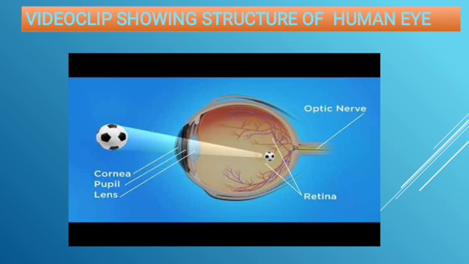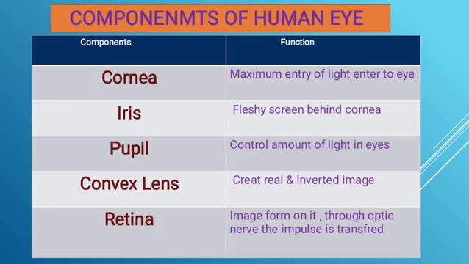This image shows properly what we mean by converging. The functions of the cornea, pupil and lens are visible here. In this slide there are the components of a human eye. We can elaborate on it.